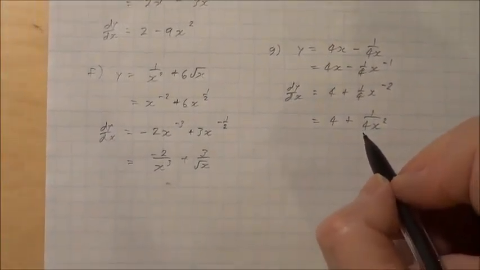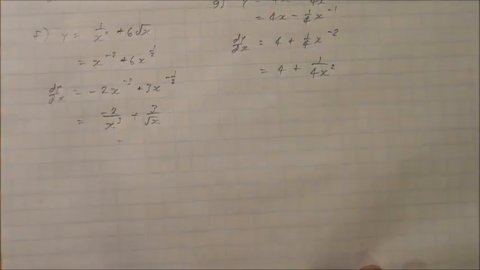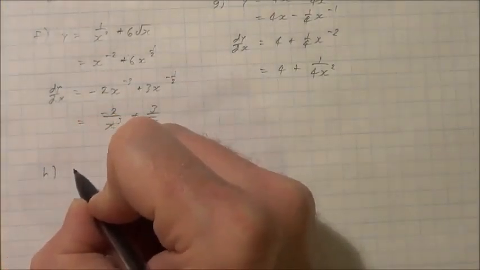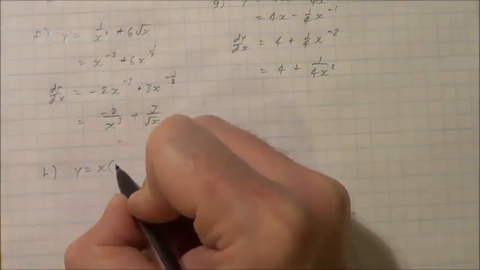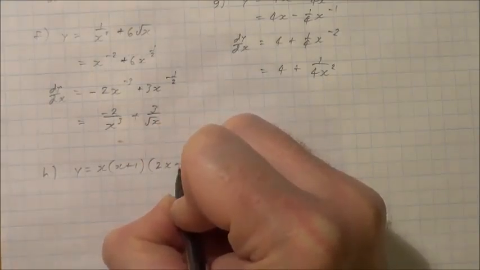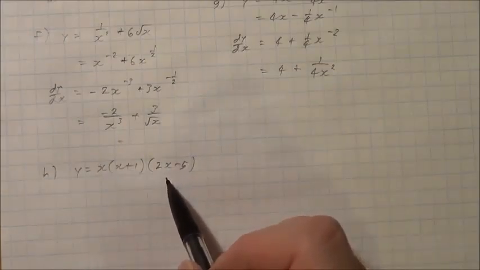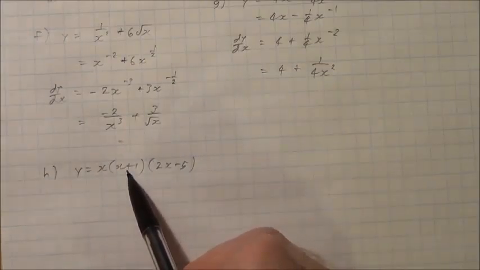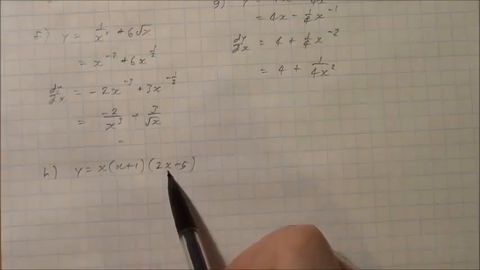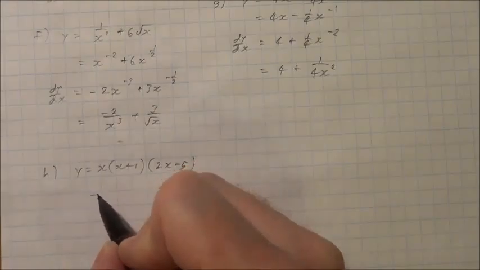And now part H. Y equals x, quantity x plus 1, quantity 2x minus 5. And I can expand all this out. What I'll probably do first is expand x plus 1 times 2x minus 5, and once I simplify that, I'll expand in the x afterwards.